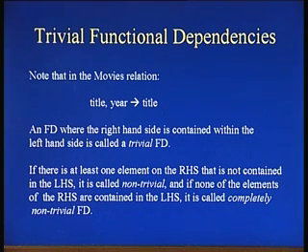And usually we are interested in what are called completely non-trivial functional dependencies, which says that none of the elements in the right hand side belong to the left hand side. We will see that this notion of triviality is not so simple, because essentially when there are circular dependencies it becomes quite tricky to handle functional dependencies or remove triviality from functional dependencies.